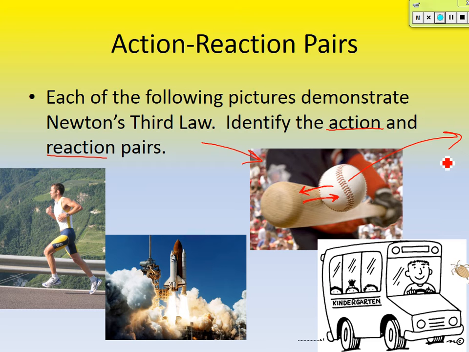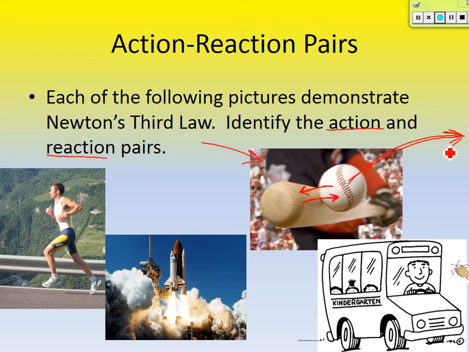Why does it accelerate so much more? Has less mass. Good. Ryland's got it. The mass of this ball compared to the bat and the batter, isn't it very small? So the mass is very small. So that means the acceleration is going to be huge compared to the bat.